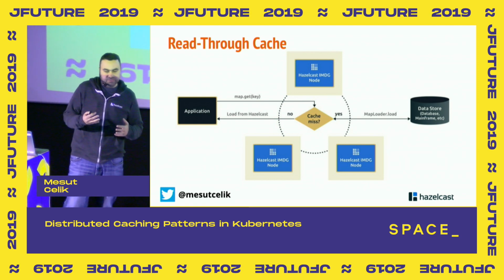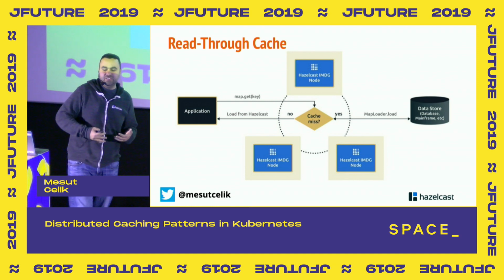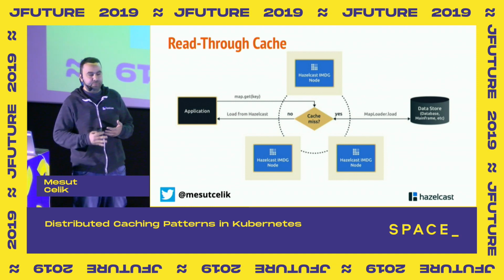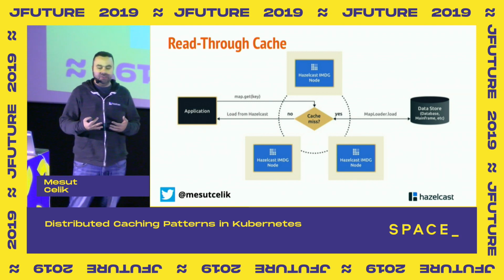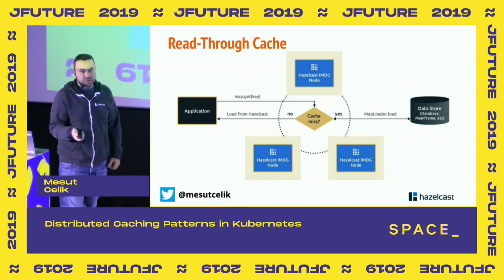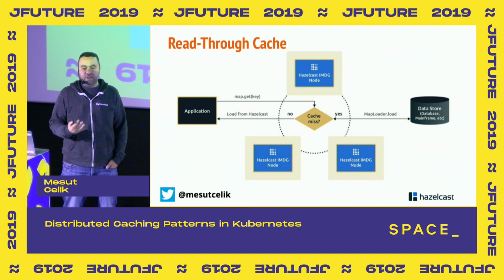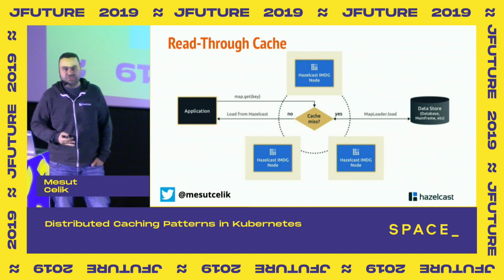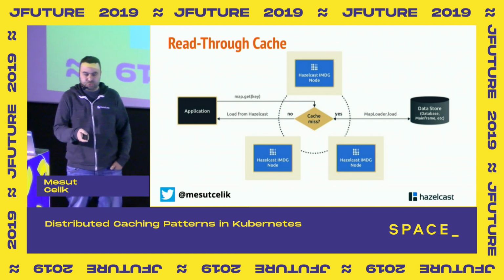And if it's not available in Hazelcast, it goes to the backing store, data store, fetches the data, puts it into the cache cluster, and then returns the data back to the application. In the subsequent calls, your data will come directly from the cache, which is much faster. So this is a basic read-through cache.